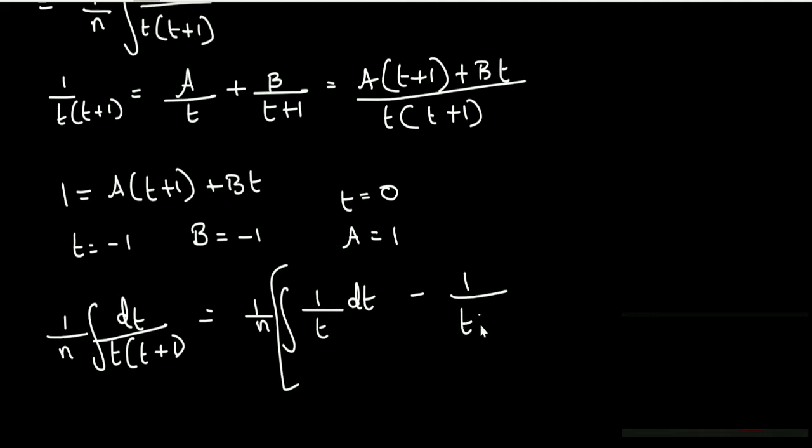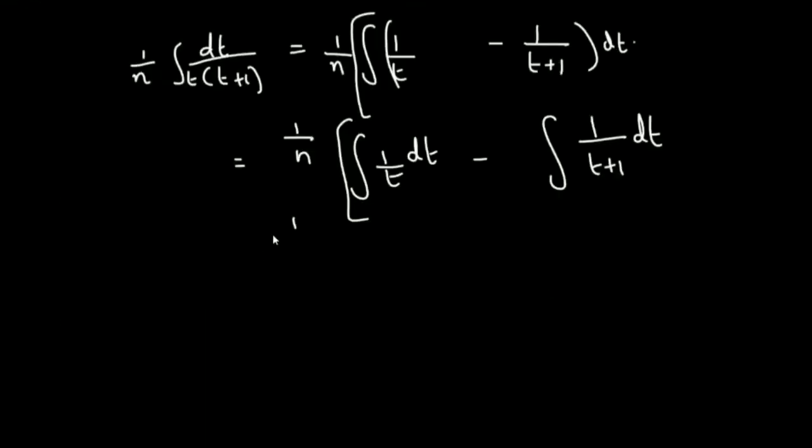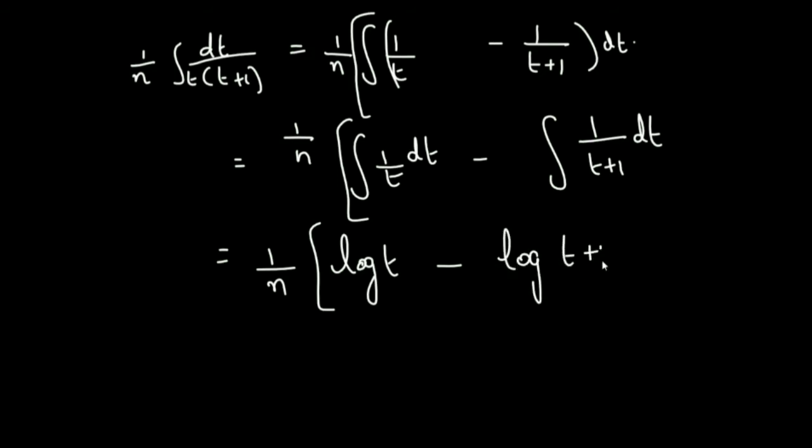Minus 1 by t plus 1 dt. So that is equal to integral 1 by t dt minus 1 by t plus 1 dt. That is equal to 1 by n. 1 by t dt is log t minus 1 by t plus 1 is log t plus 1.